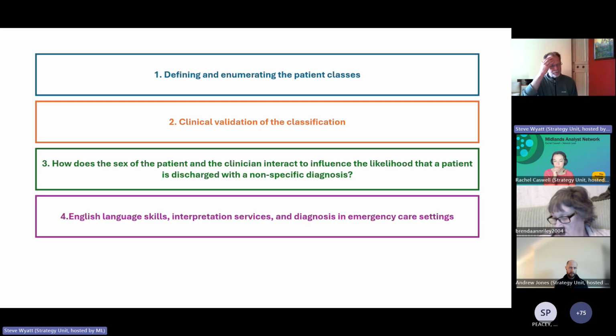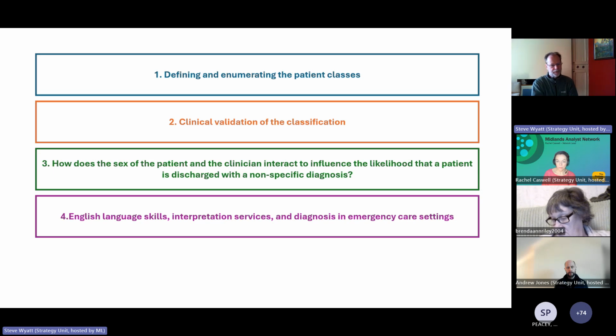Number 4 is about the fact that we're seeing overrepresentation of certain ethnic groups, particularly Bangladeshi and Pakistani groups, within the non-specific diagnosis set. And one of the theories that the clinicians talked to us about was about language barriers, about access to translation services.